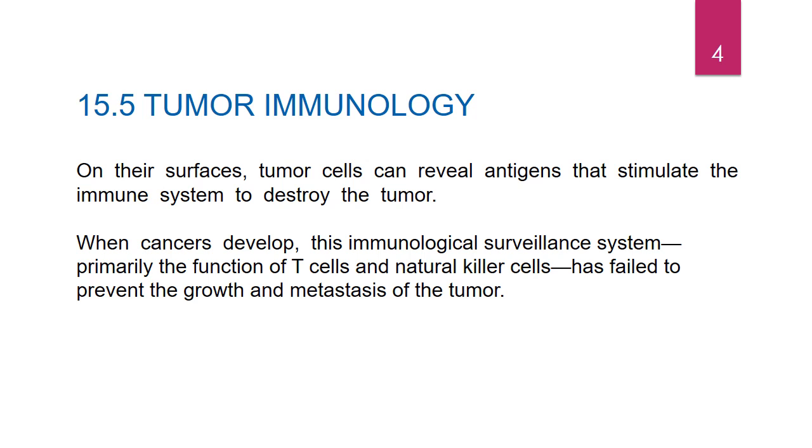Tumor immunology. On their surfaces, tumor cells can reveal antigens that stimulate the immune system to destroy the tumor. When cancers develop, this immunological surveillance system, primarily the function of T cells and natural killer cells, has failed to prevent the growth and metastasis of the tumor.